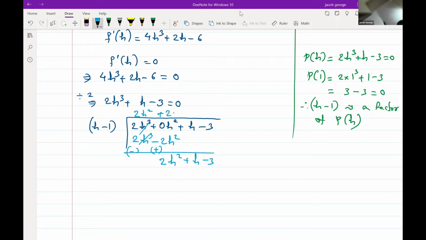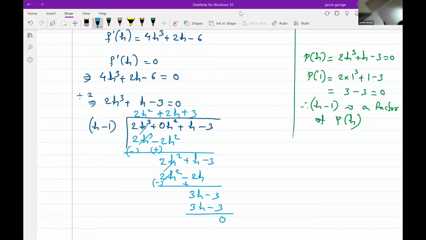In the quotient 2h, then again we multiply 2h into h minus 1, 2h square minus 2h, subtraction, minus becomes plus, these two will go. 3h minus 3, again 3h by h is 3, 3h minus 3.